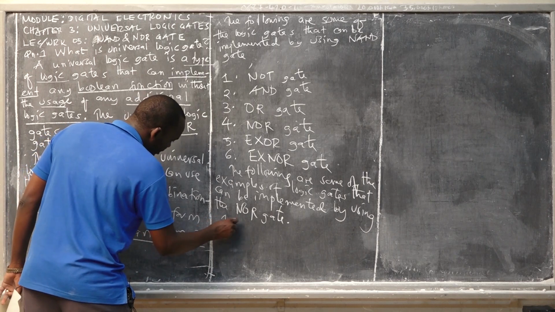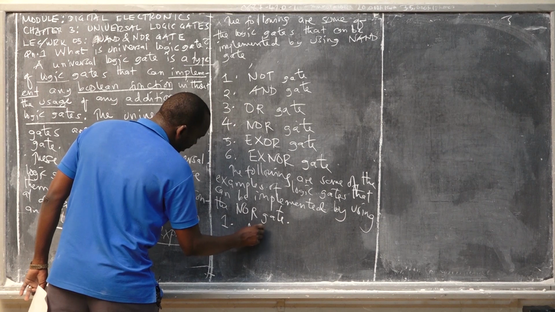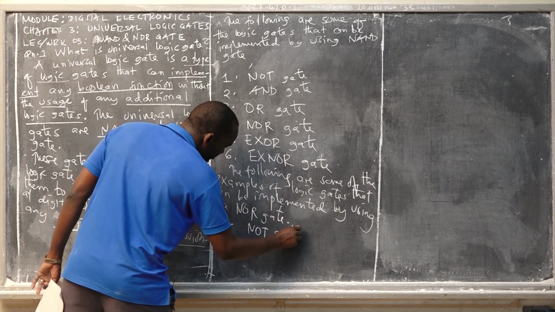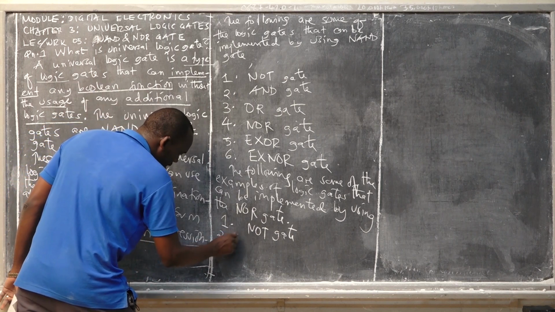So the first one is we can use the NOR gate to implement NOT gate. You can use the NOR gate to implement AND gate.